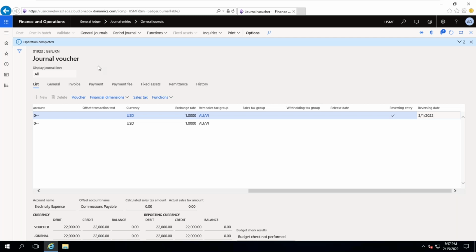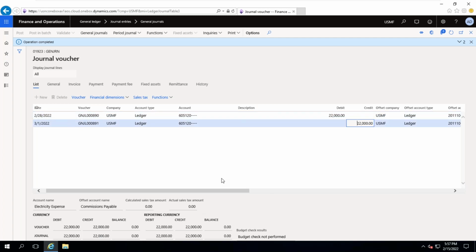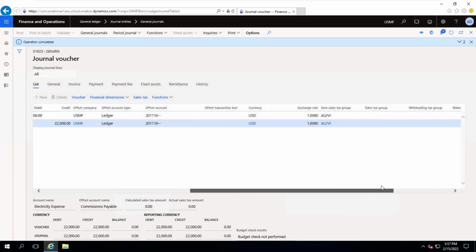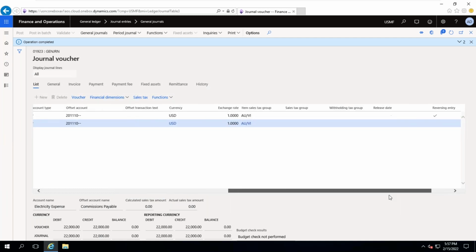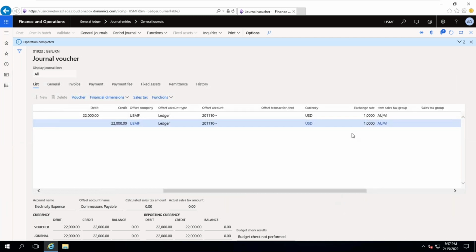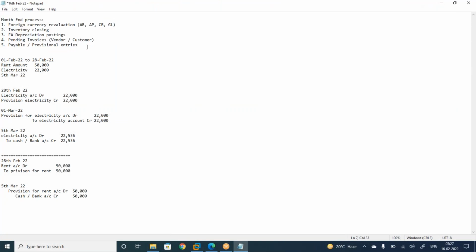Automatically two transactions got created. Look at this one: on 28th it was debited, on 1st March it was credited. Got it? So this kind of entry will be passed by accountants. These are all month-end activities.